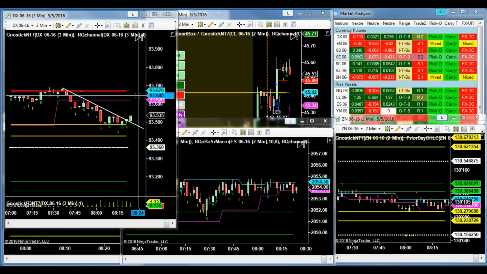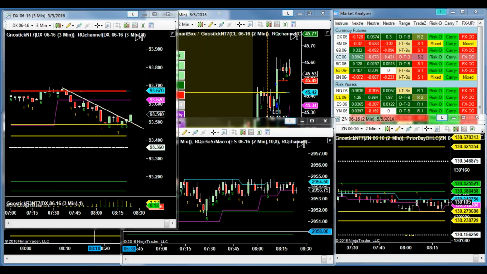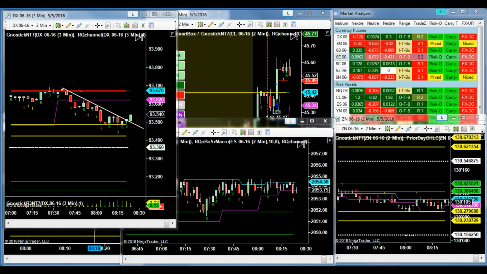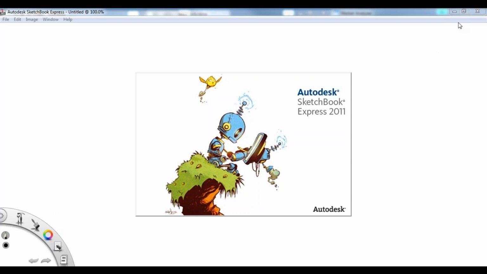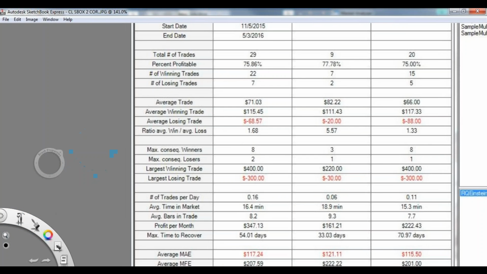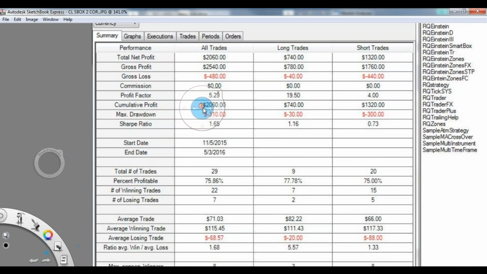When we add, it looks like this thing's going to come down and take us out. When we add the S&P, yeah, I think it just took us out, by the way. When we add the S&P, the profit factor shoots up to 5.29.